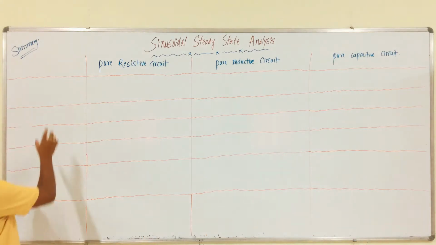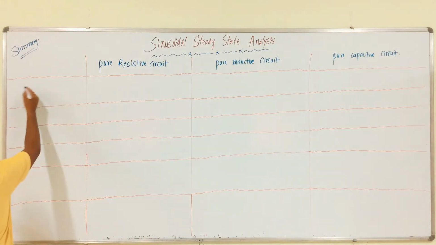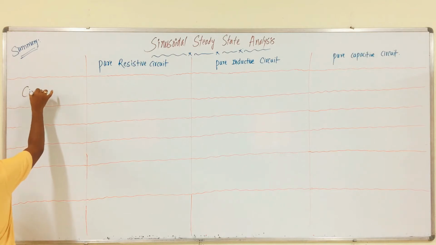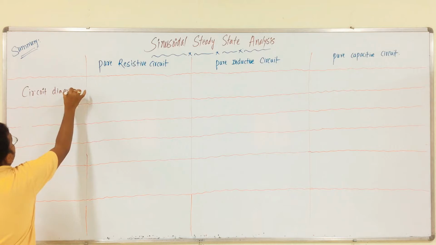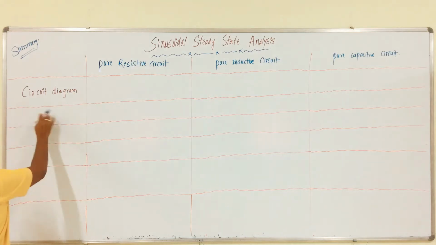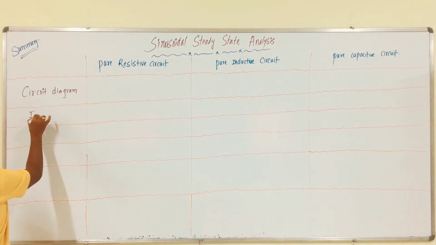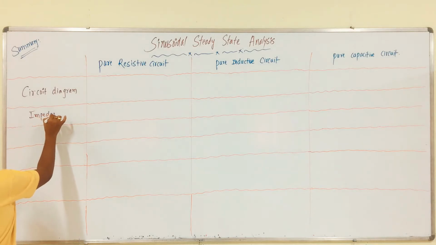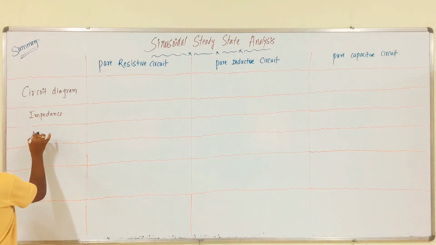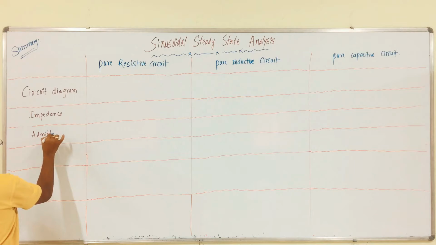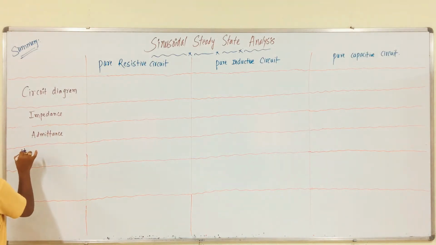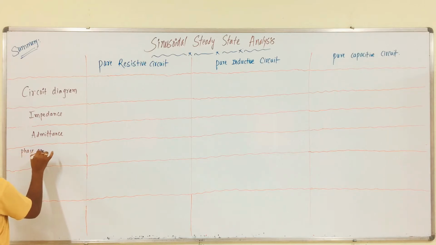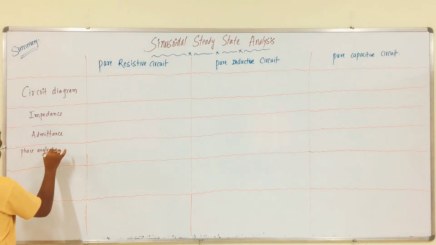This column representation is, for example, first the circuit diagram, followed by impedance, then admittance, next the phase angle between voltage and current, that is also very much important.